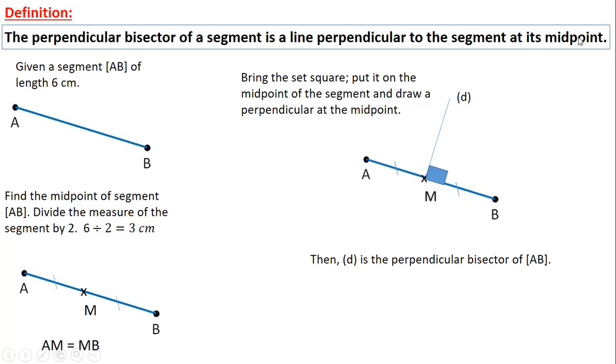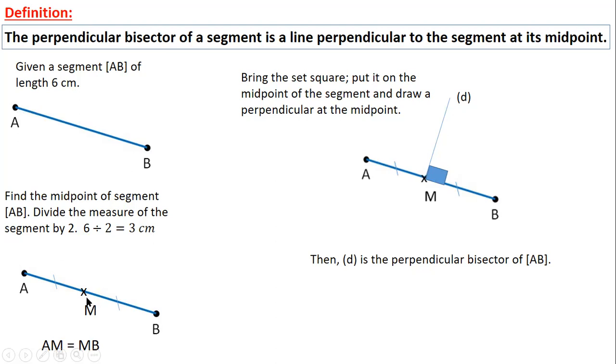To find the midpoint, we divide the measure of the segment by 2. So we write 6 divided by 2 is 3 centimeters. Again, I bring the long ruler and I put it again on AB. Of course, the 0 should be at A and B should be on the 6. I mark on the 3 centimeters.